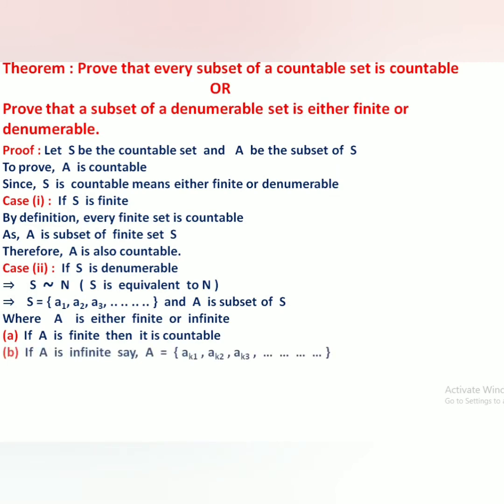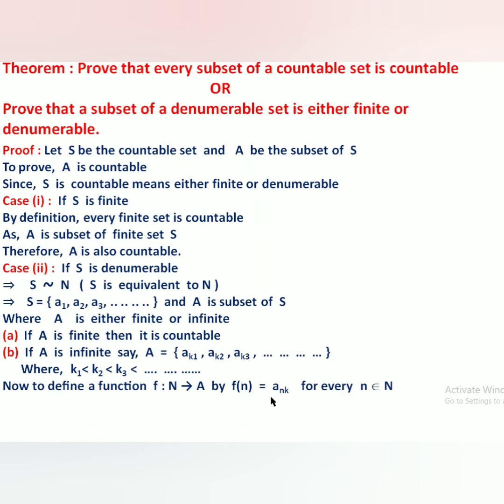If A is infinite, then A contains the elements a_k1, a_k2, a_k3 and so on. Now, define f from N to A by f(n) equals a_kn. This mapping is both one-one and onto, so we can say bijective. Therefore, A is denumerable, hence it is countable. So it is the proof that every subset of a countable set is countable.